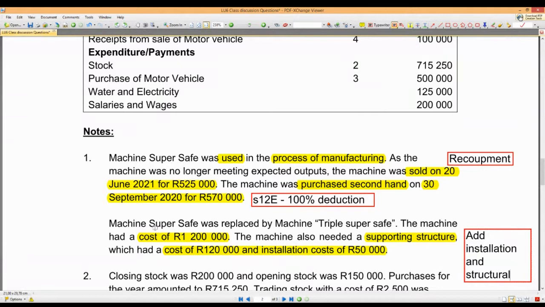Okay, so we have to update the value for the cost, and then we get a section 12E deduction as well for 100%, because this machine is replacing the super safe one, which is also used in our process of manufacturing. Okay, so I'm just going to stop sharing here, and then I'll share the Excel file. So let's then complete the Excel as we go along.